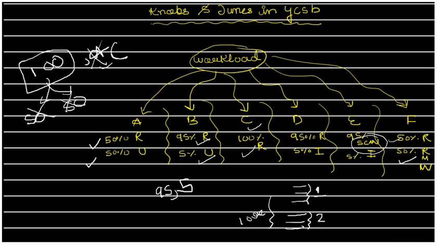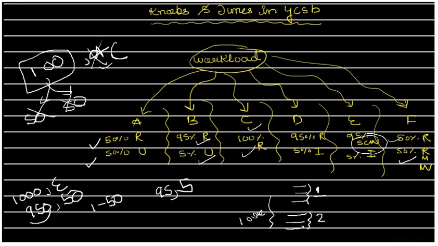Now suppose I have 1000 operations to do and I chose workload E. Workload E has 95% scan operations and 5% insert operations. So 950 will be scan operations here and 50 will be insert operations. Each scan operation can scan anywhere from size 1 up to size 50.